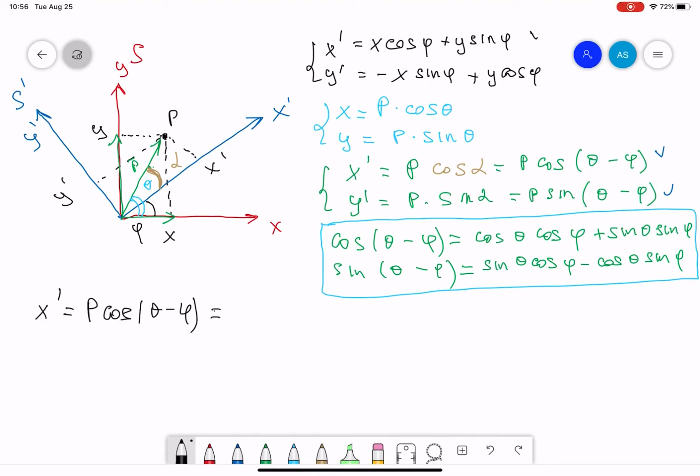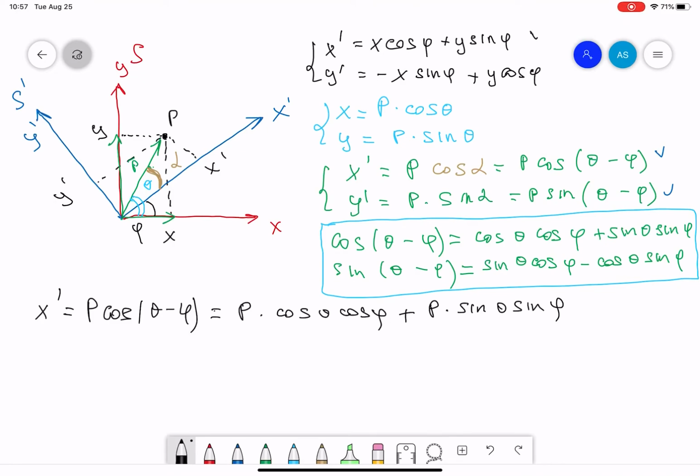We already found that cos of theta minus phi is equal to cos theta cos phi plus sine theta sine phi. So that means x dash is P multiplied by cos theta cos phi plus P multiplied by sine theta sine phi.